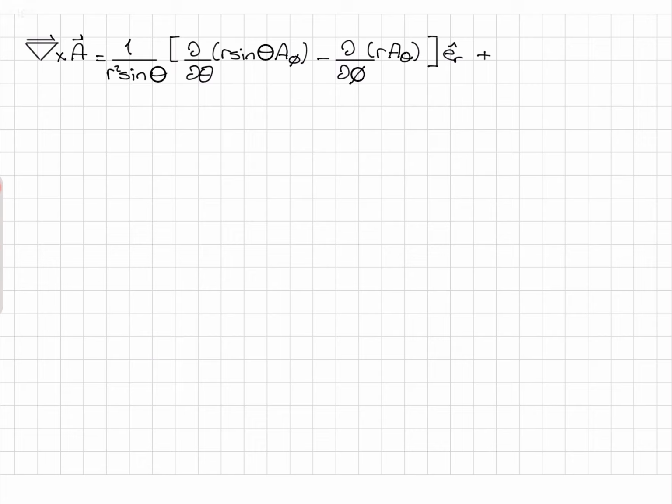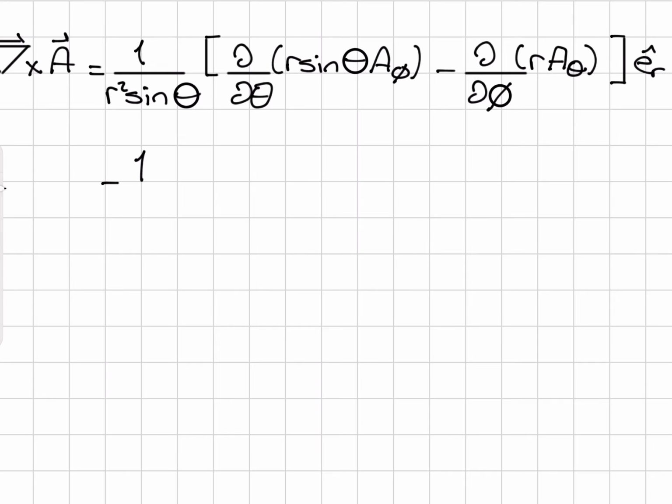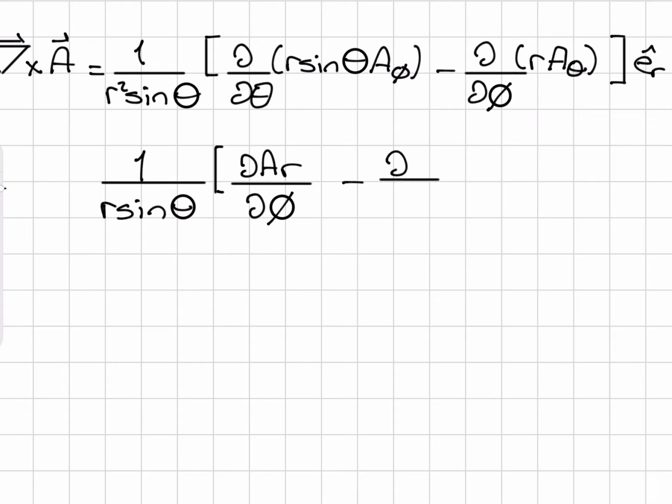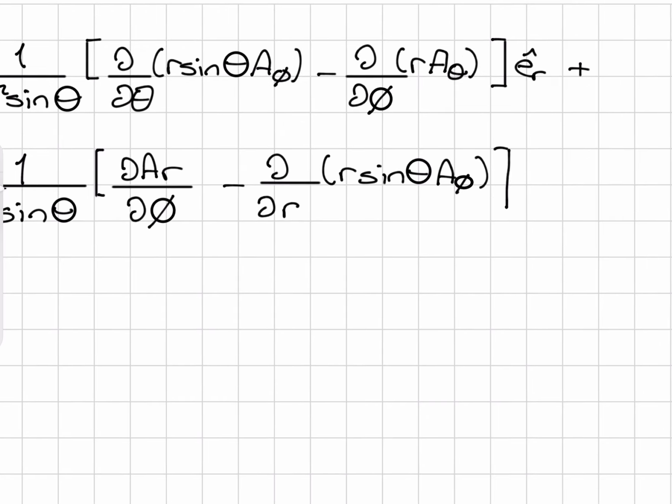So I'm going to get plus 1 over r sin theta, ∂A_r/∂phi minus ∂/∂r of r sin theta A_phi. And this is in the e_theta hat direction.